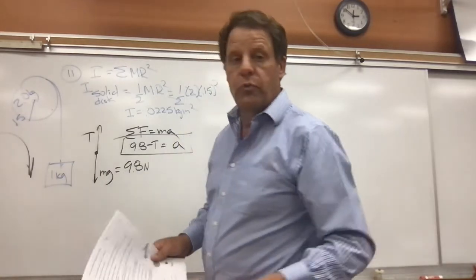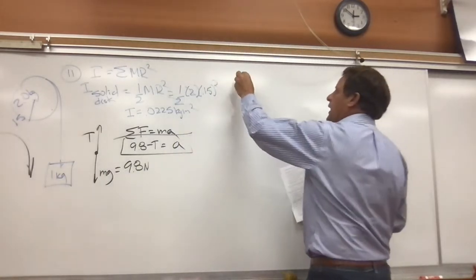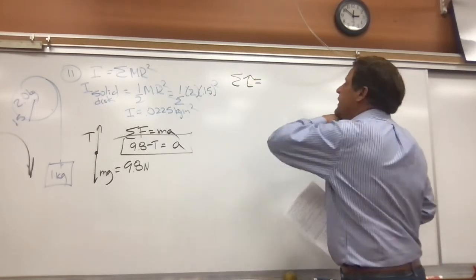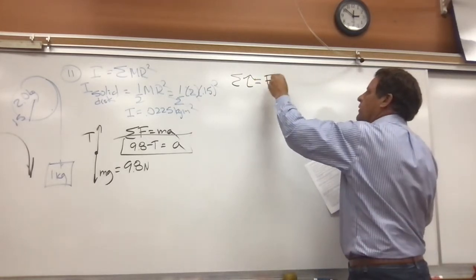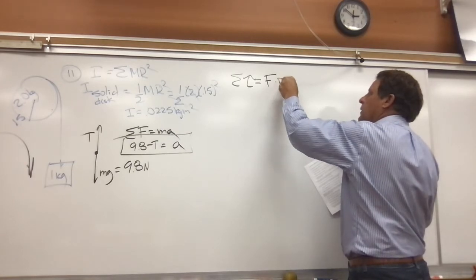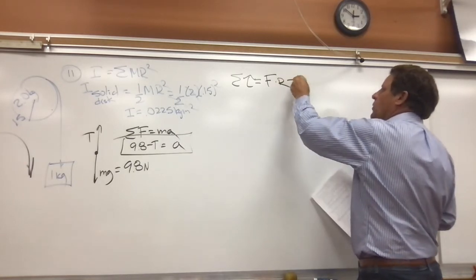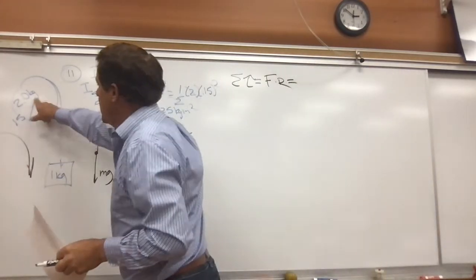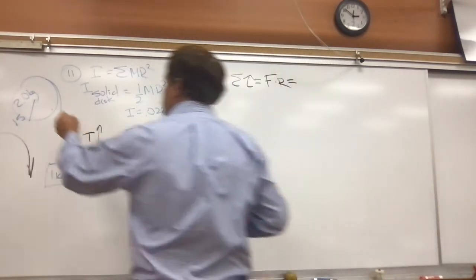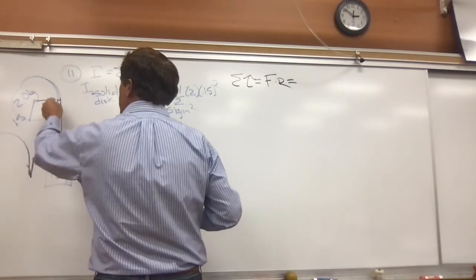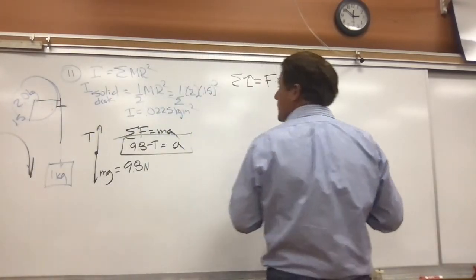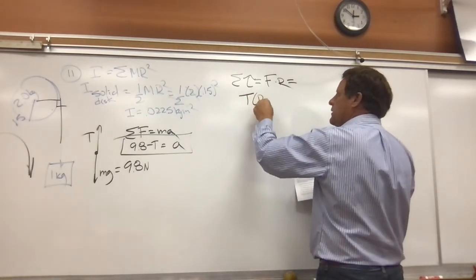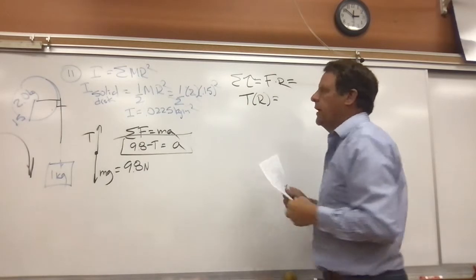But because this is rotating, we're going to have the sum of the torques, which is force times radius, so this tension times the radius. If this rope is pulling, we get a 90-degree angle. So this is tension pulling down times the radius.